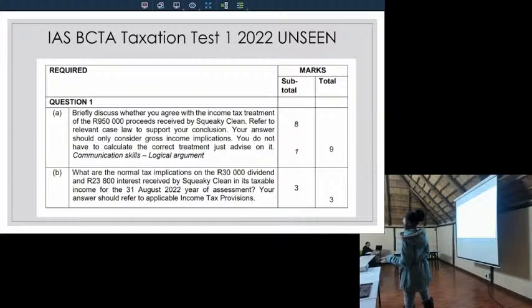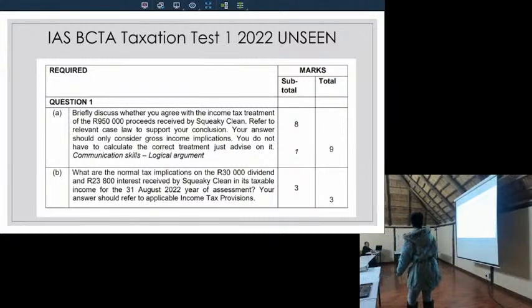We will cover it at a later stage. But if it just says normal tax implications or income tax implications, they are talking about the same thing. Your main focus is from section 1 to whatever this income tax act ends. So from section 1 right up until the end of just your income tax, right?